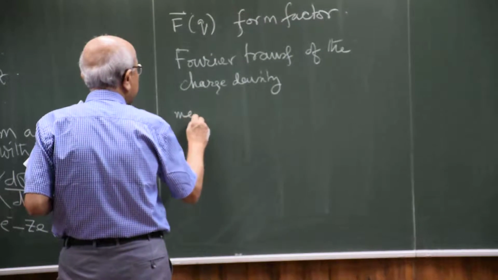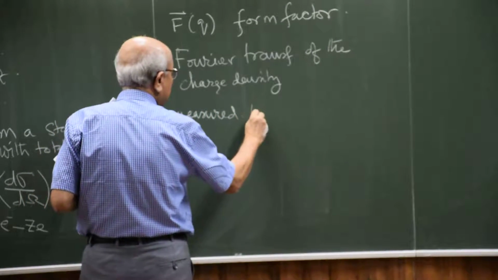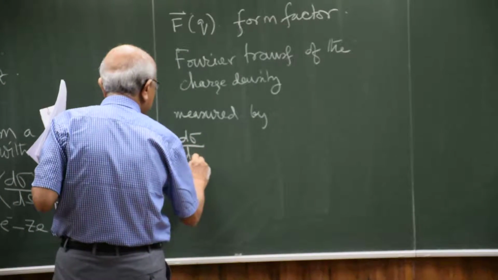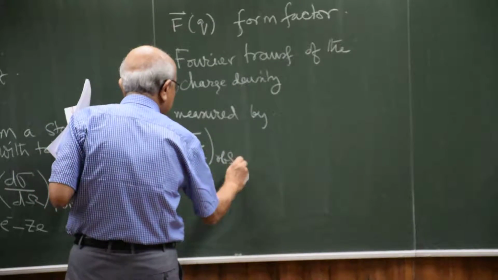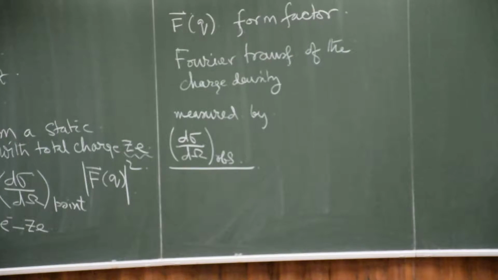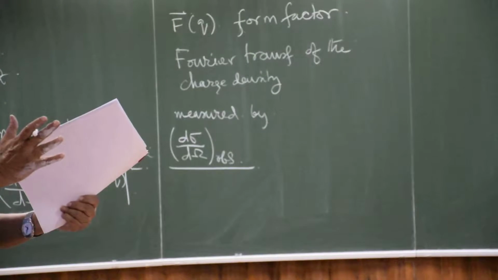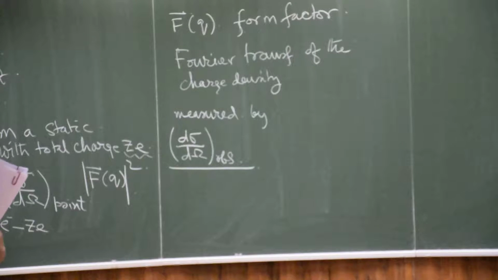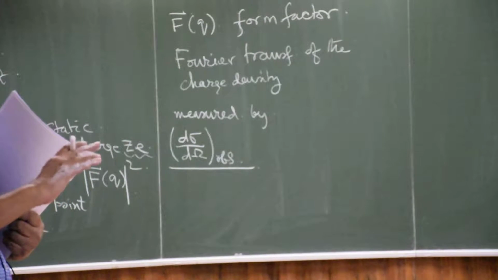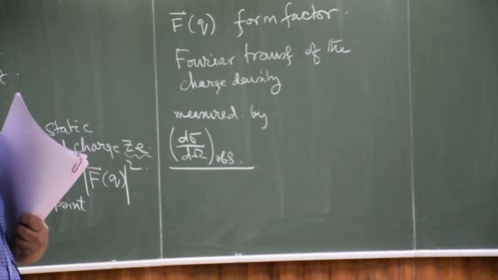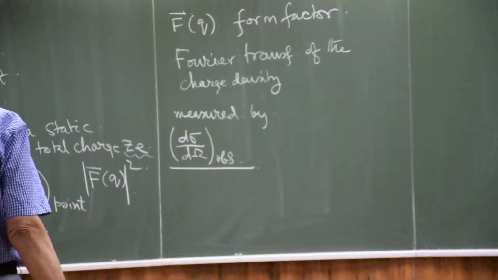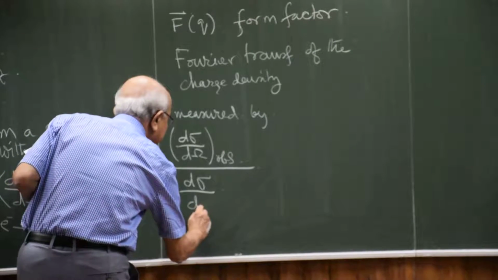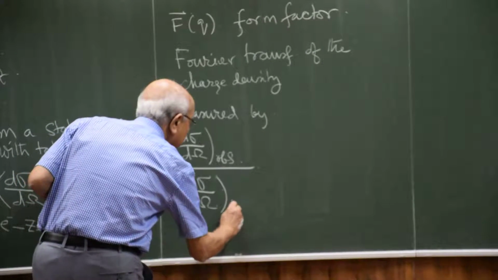So this is measured by this ratio: d sigma d omega observed, that is you do a counting experiment and measure the number of scattered electrons within the solid angle d omega, where the solid angle is subtended by an area on the target, divided by the theoretically calculated or the experimentally measured cross section if it is available, d sigma d omega point.